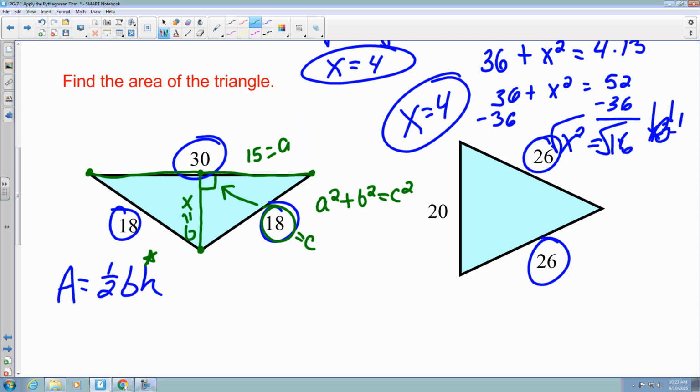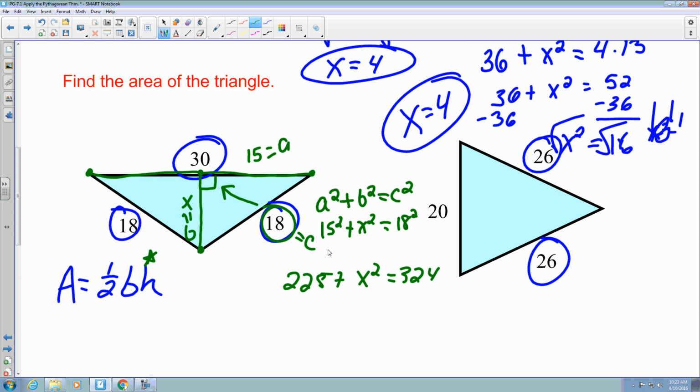So when I rewrite this, it's going to be 15 squared plus x squared equals 18 squared. We take the numerical values and square them. 15 squared is 225 plus x squared equals 18 squared, which is 324.